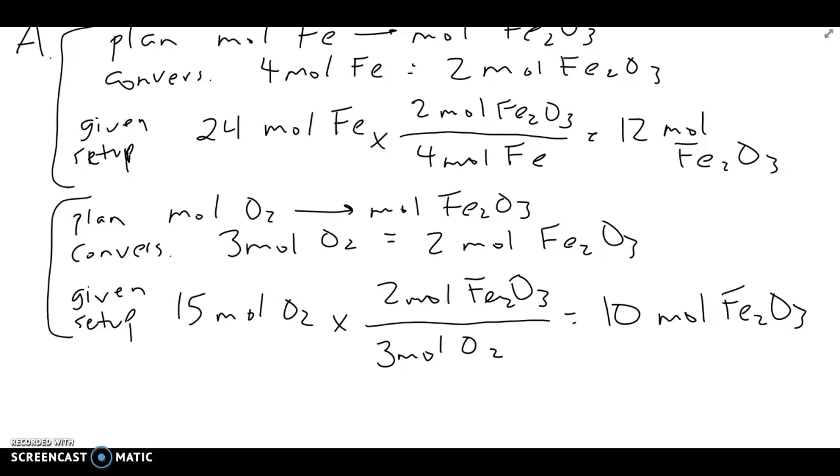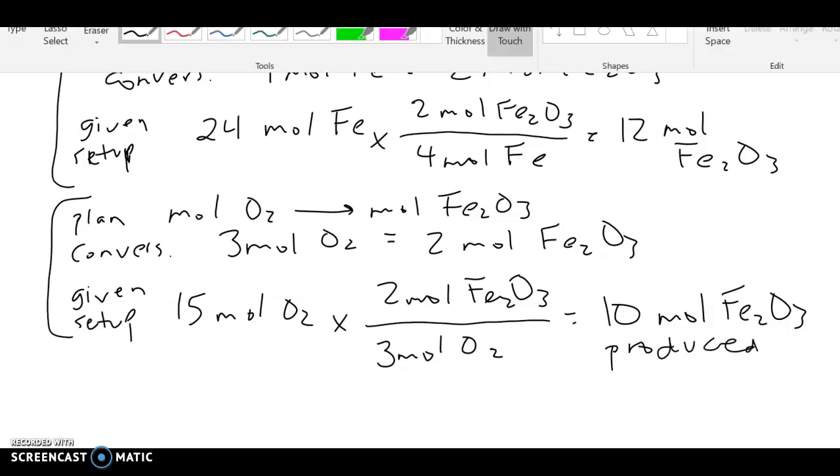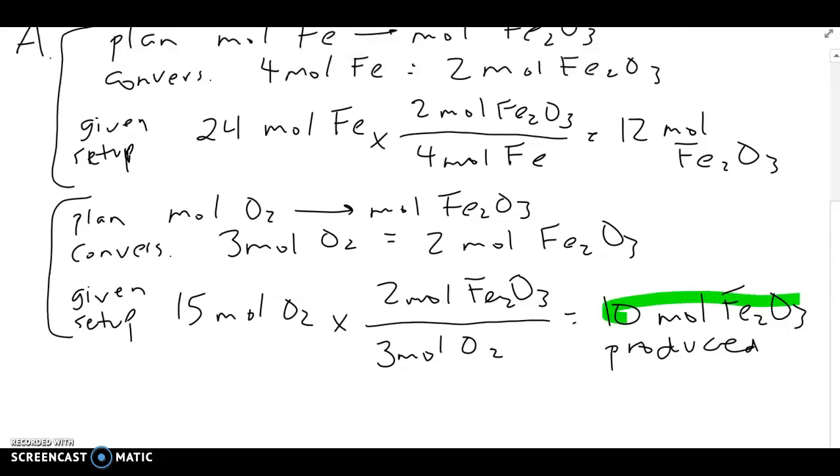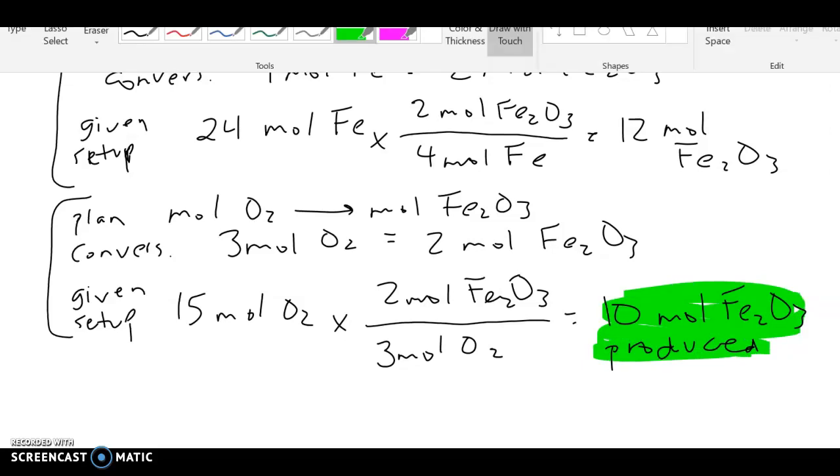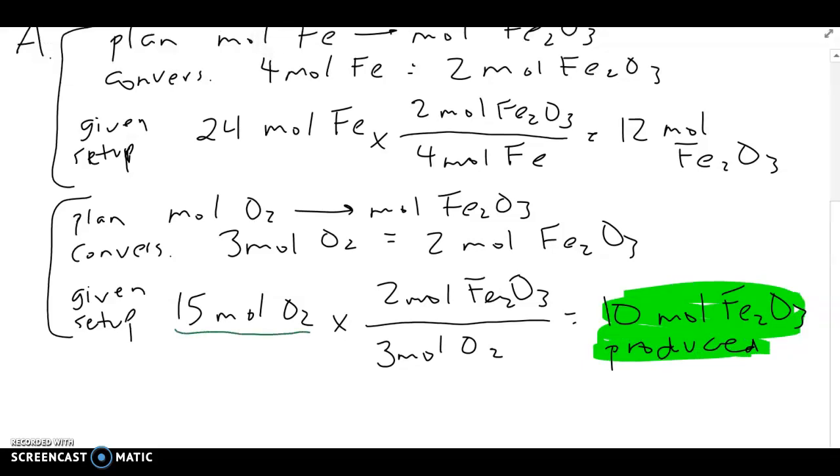So the answer to number A is that we are making 10 moles of our product Fe2O3, because we have 15 moles of oxygen.